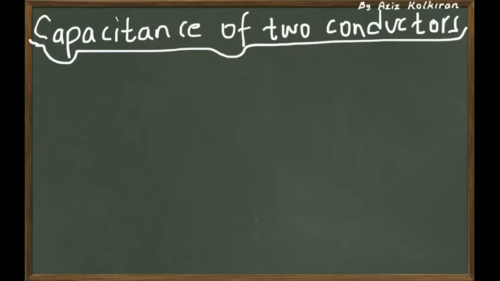The previous one was the capacitance for only one object, but we usually have capacitors that we use in our electrical circuits. It's composed of not only one conductor, but two conductors which have some distance d with respect to each other.